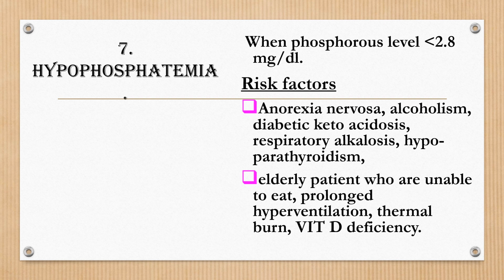The major risk factors are anorexia nervosa, alcoholism, diabetic ketoacidosis, respiratory alkalosis, and hypoparathyroidism. Similarly, elderly patients who are unable to eat, that is the elderly who take decreased food, then prolonged hyperventilation, thermal burns, and vitamin D deficiency also lead to hypophosphatemia.